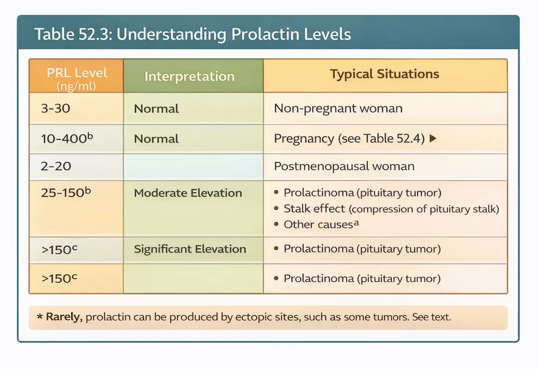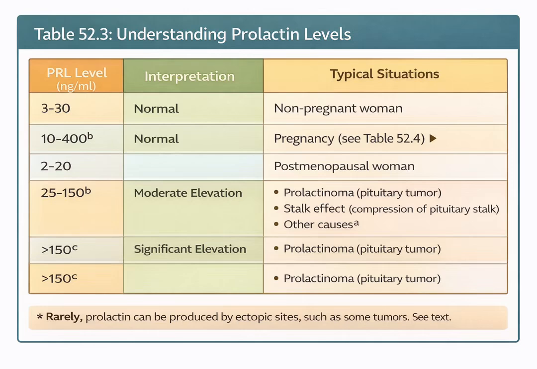The normal values are around 3 to 30 nanogram per ml for a non-pregnant female. In pregnancy, it can rise up to 400, and in the postmenopausal female, it goes down to 22 or 20.